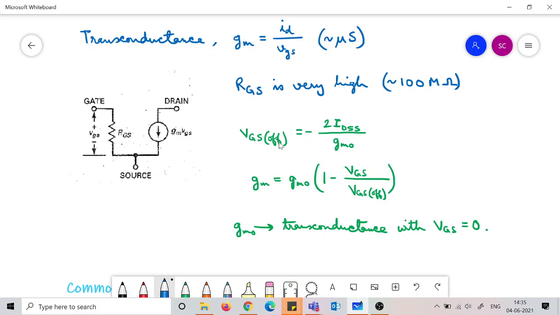You can calculate the transconductance using this relationship, and fit it in here to find out gm for a particular VGS value. Your Q point would set up some VGS and ID. For this VGS, you have to find out what the transconductance would be. This you will utilize in this AC equivalent circuit. This gm comes from the Q point, so it is dependent very much on the Q point.